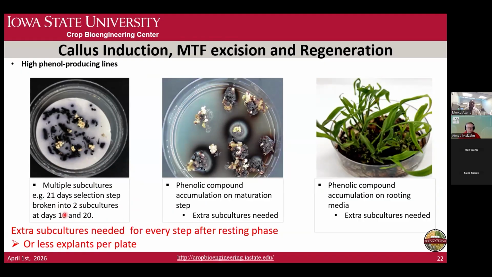For example, instead of leaving them for 21 days on selection media, you divide the time, put them on for 10 days, change to fresh media, and then leave. Otherwise, the phenolics will kill your callus, and you won't be able to get very good regeneration.